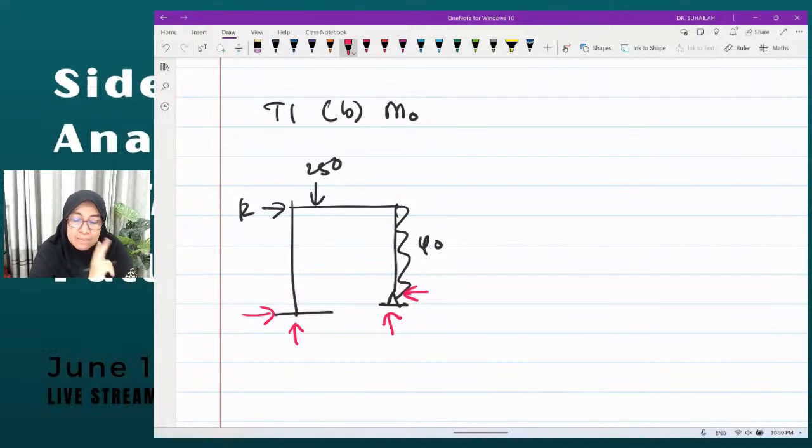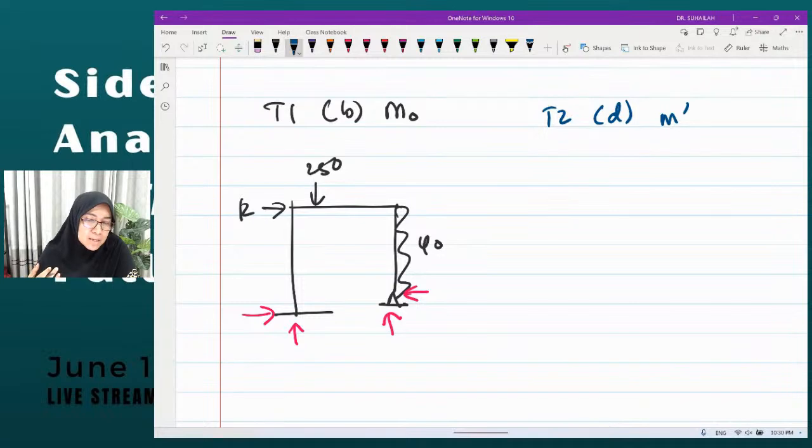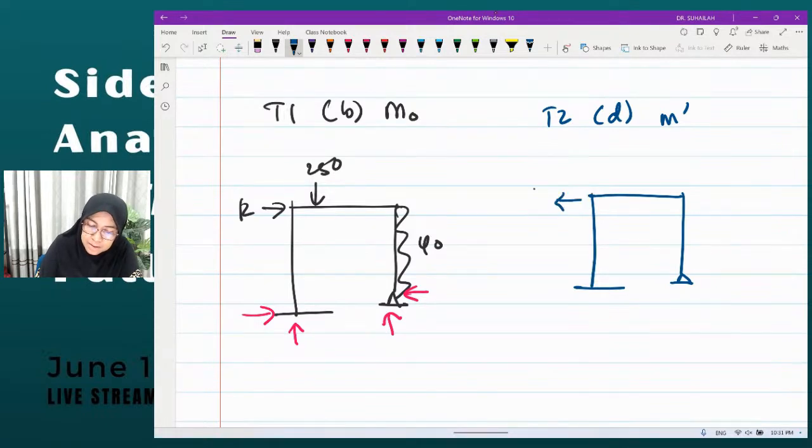And for table number 2, table number 2 is actually diagram D. From this we get M prime. The diagram we analyze in diagram D is subjected to R prime.